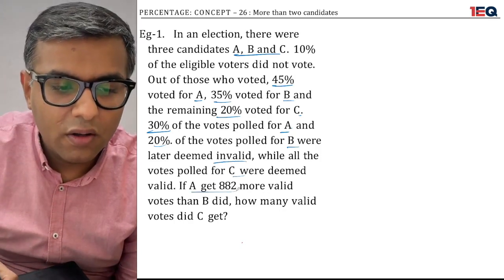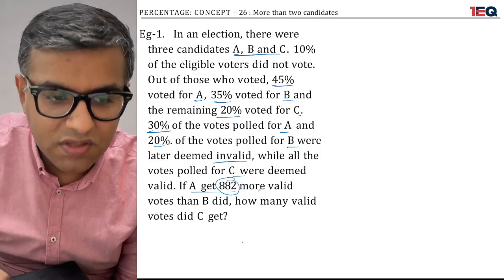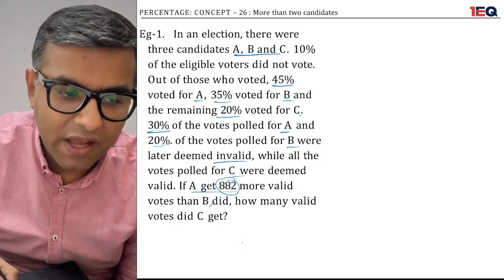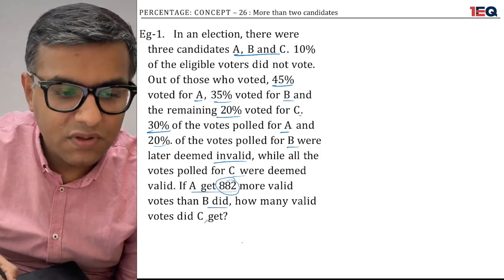If A got 882 votes more, which are valid, than B, then how many valid votes did C get?